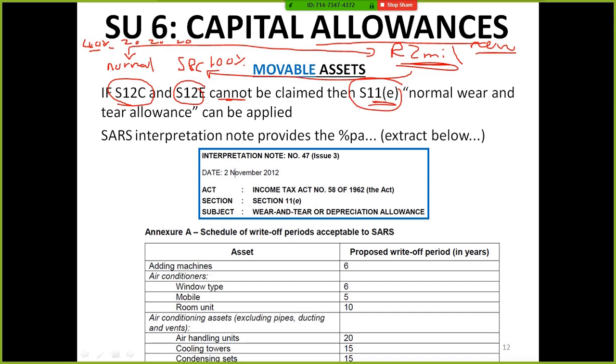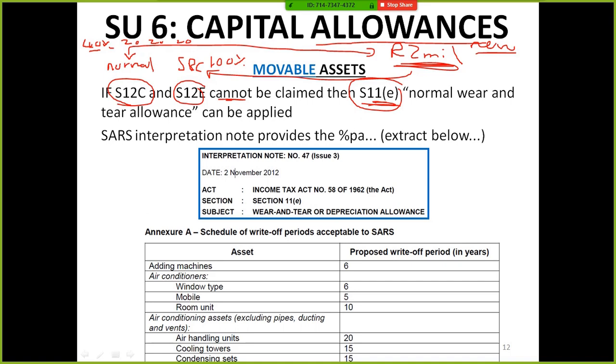Wear and tear only applies to assets that you haven't written off already. If I've written off the 2 million, I can't claim wear and tear. Because what is wear and tear? Wear and tear is basically similar to depreciation, but depreciation from a tax point of view. Does that make sense? Yes.